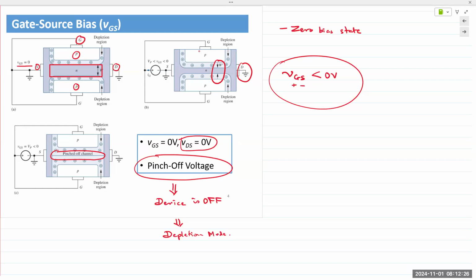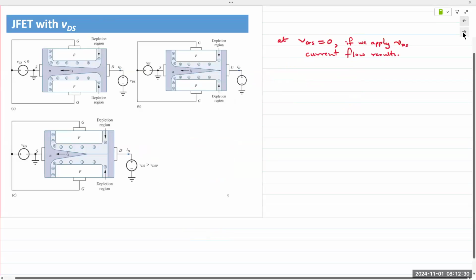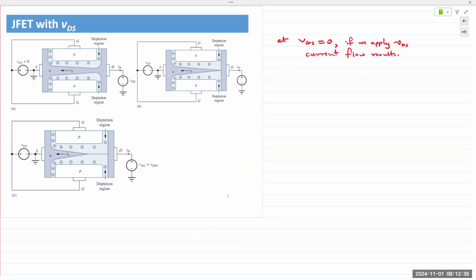Now let's look at what happens when VGS is 0 and we apply a bias at the drain. Okay, so if VGS is equal to 0 right here, and the channel is open at this point, we apply a voltage between the drain and the source.